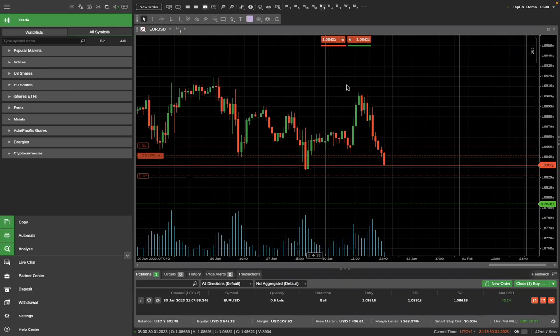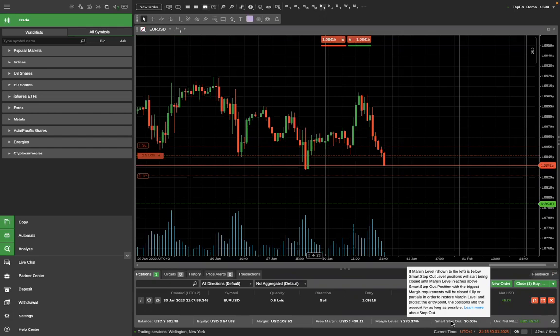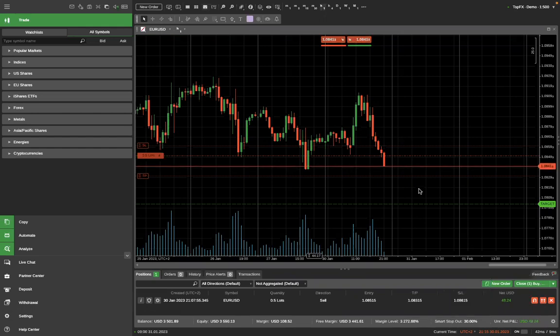Instead of that, the cTrader in TopFX is using the smart stop out, which will only be closing the positions partially. And sometimes, as I said, just a small amount of the position, for example 1 micro lot, needs to be closed, and then the market reverses.